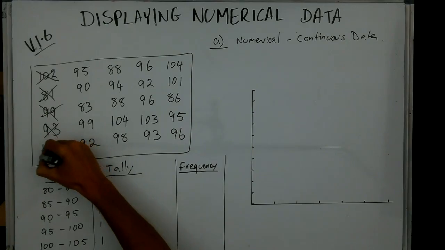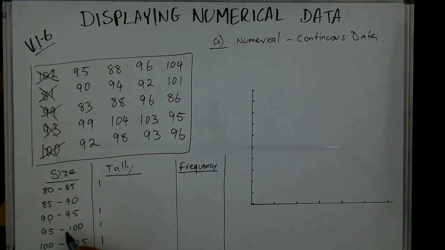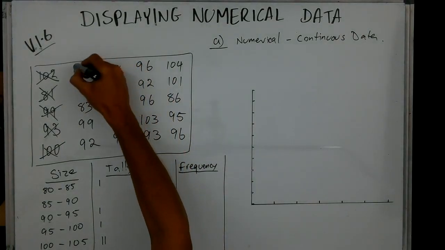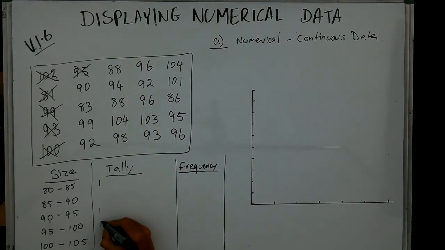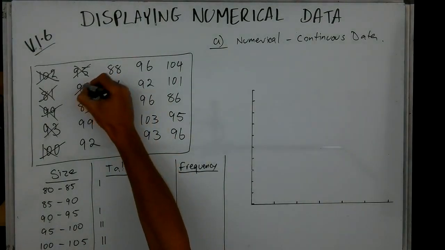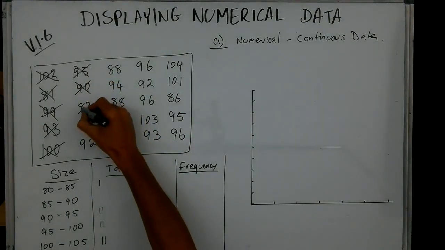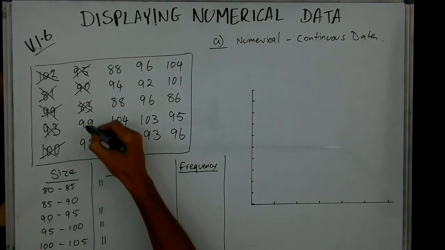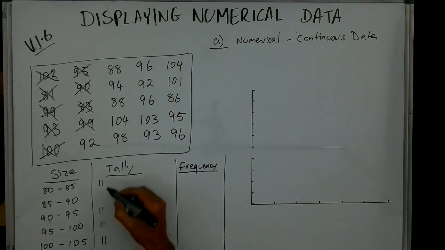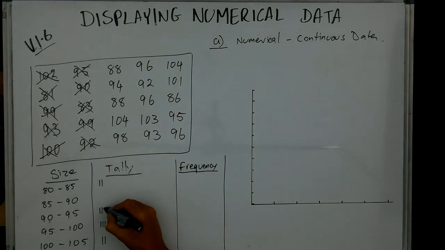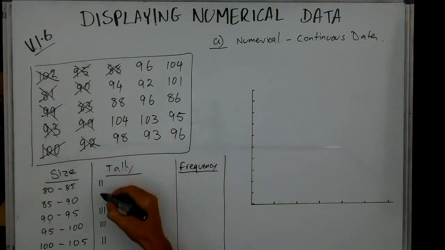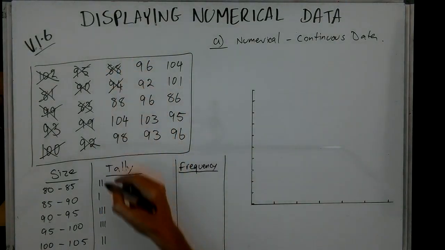Don't get it in the wrong group: this is not 95 to 100, it's only up to 100. 100 belongs in the next category. Then 95 goes in the 95 to 100 group. 90 goes in the 90 to 95 group.